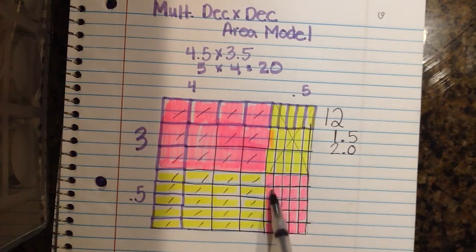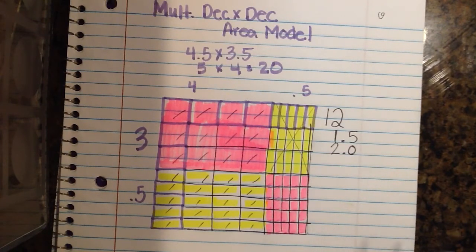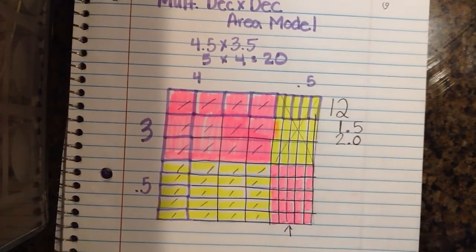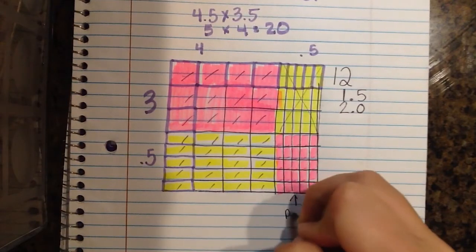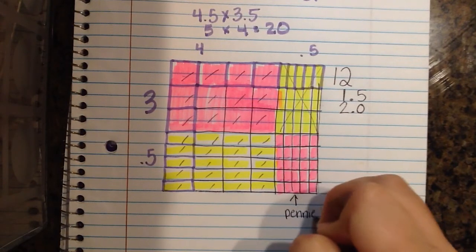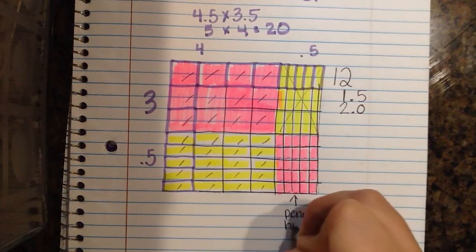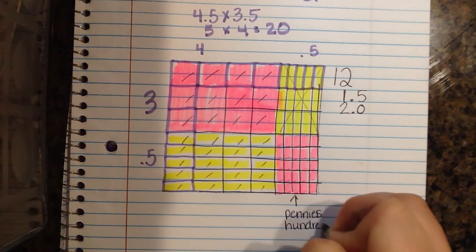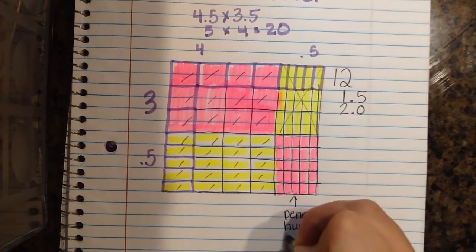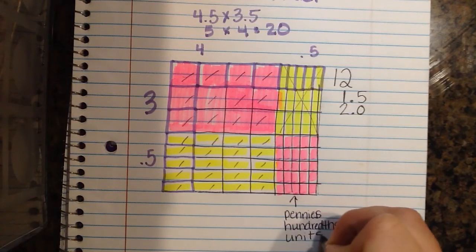So let's look down here. These are pennies, hundredths, or units. That's what these are down here.